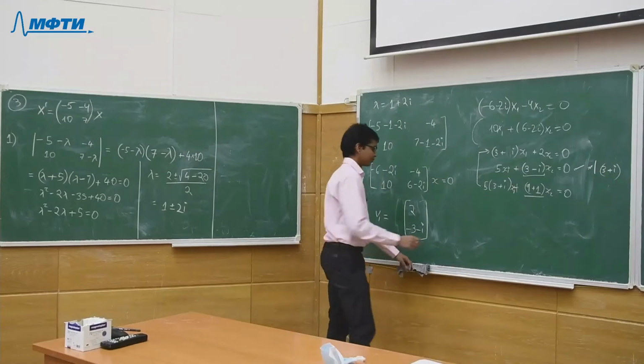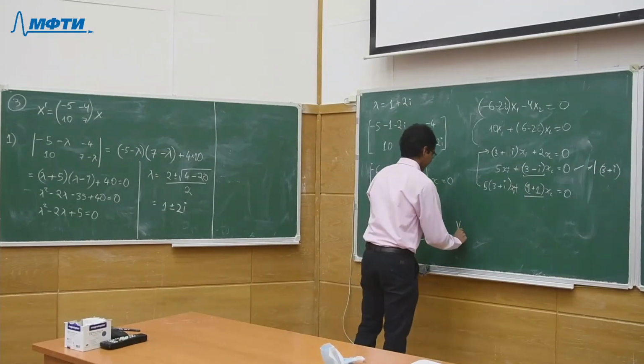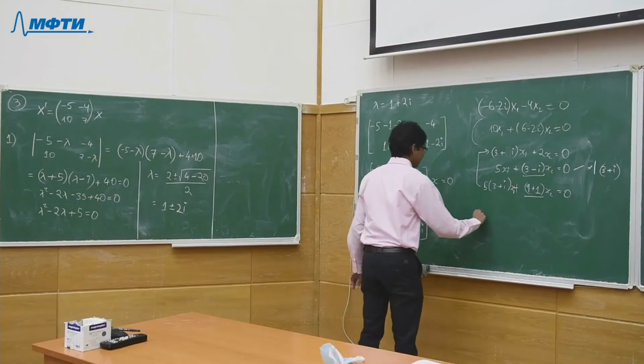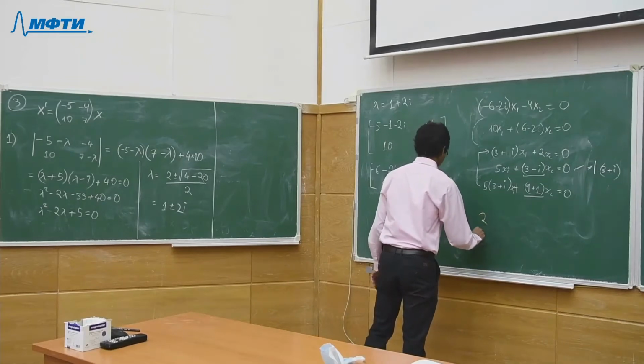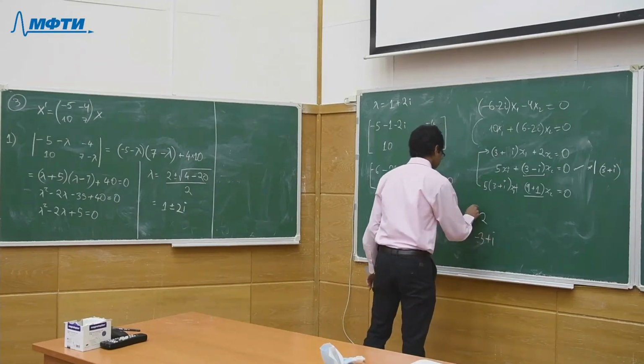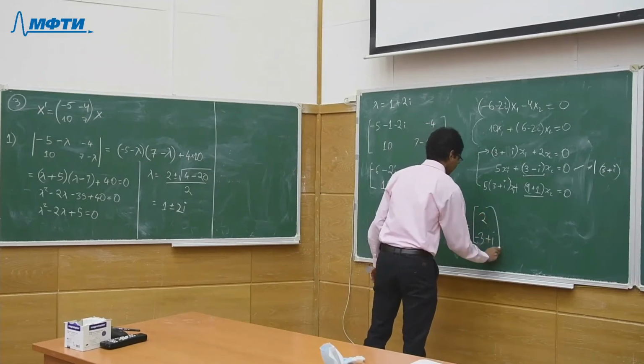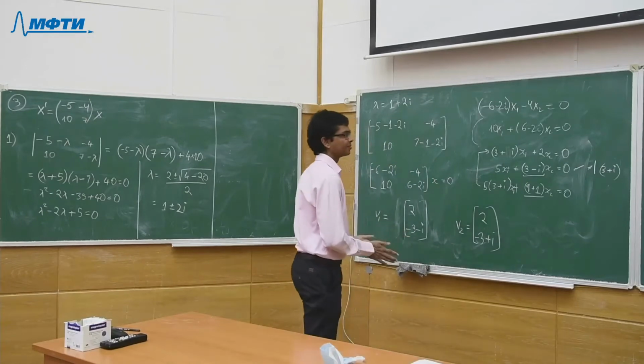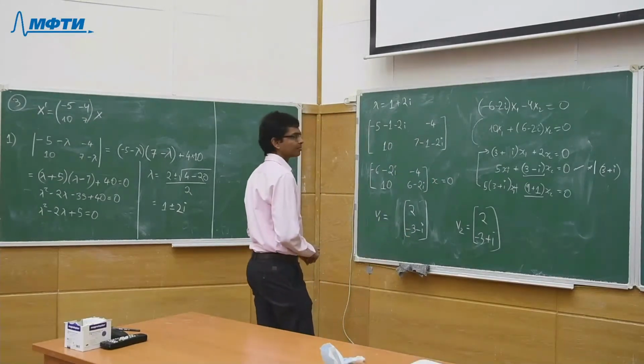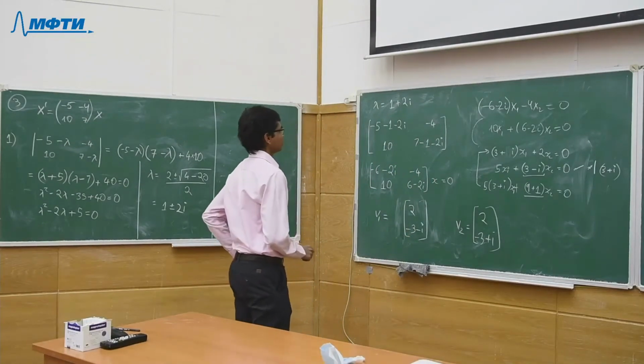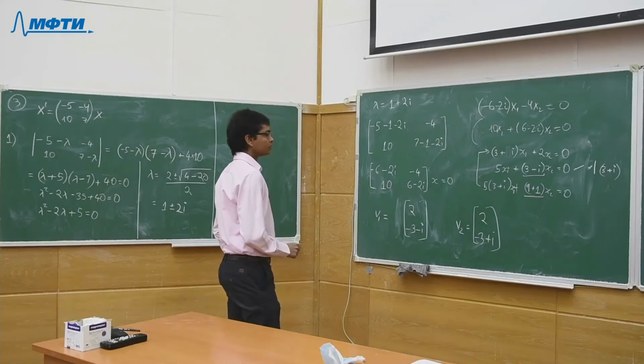What shall we do next? Do you remember? It will be just a conjugate, right? And this vector corresponds to the conjugate eigenvalue. But how to write the solution to the differential equation? You should remember that we need the real solution, not the complex solution.